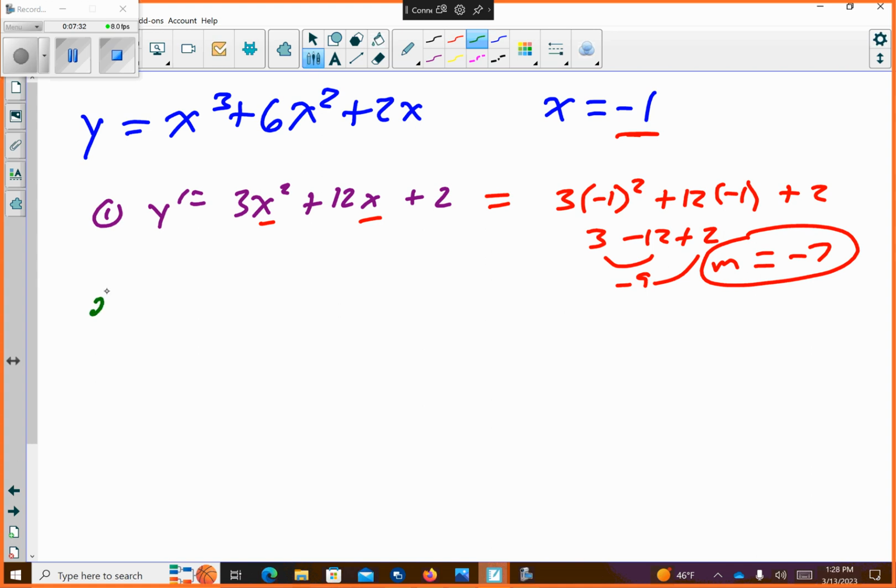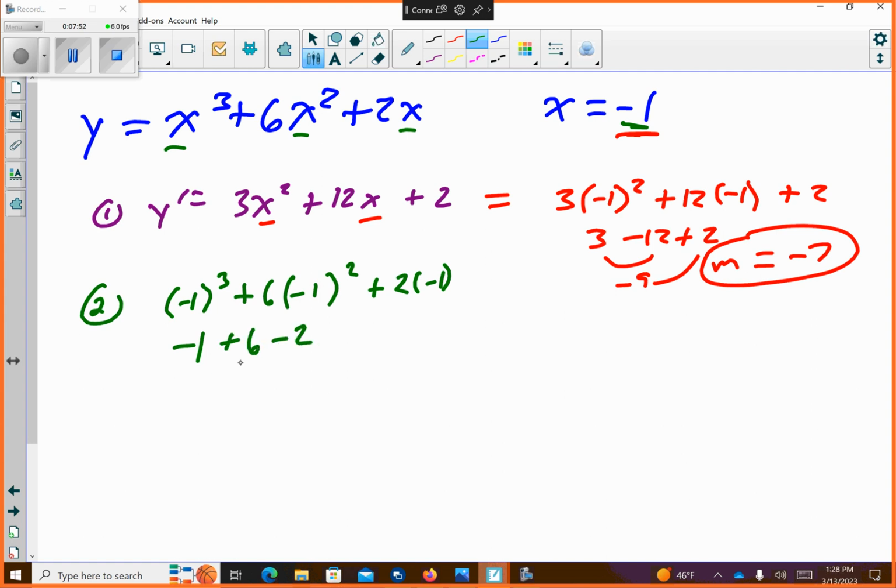All right. Then I'm going to take negative 1 and plug negative 1 in for my x's on my original. So I'm going to get negative 1 to the third plus 6 times negative 1 to the second plus 2 times negative 1. So this is going to give me negative 1 plus 6 minus 2. So that's going to give me 3.